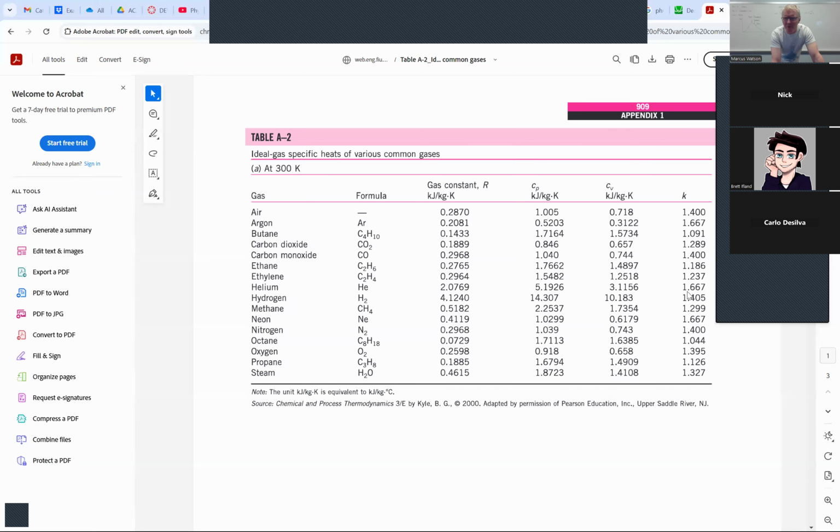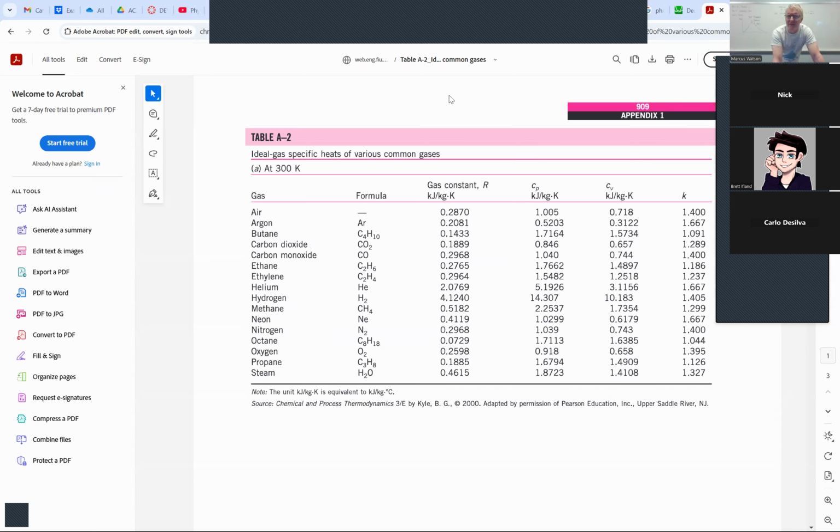Helium here also has that same 1.667. Neon 1.667. So there's something interesting going on here. You're noticing argon, helium, and neon all have this same K value, whereas gases like nitrogen 1.4, air 1.4, carbon monoxide 1.4, why are they all equal?